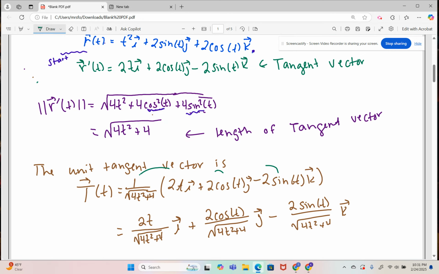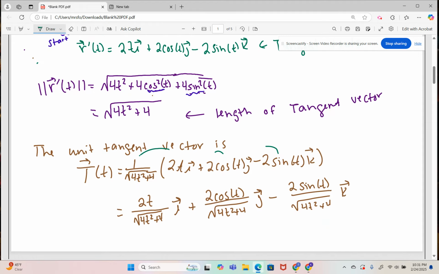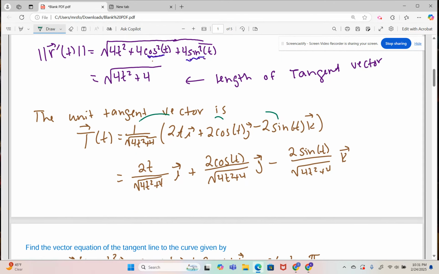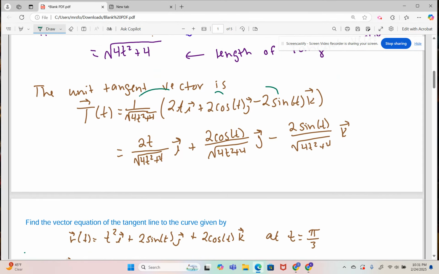Okay, so our next example, we want to find the vector equation of the tangent line given by this curve. So we're right here, example 2. Find the vector equation of the tangent line, and we're given now what t is.